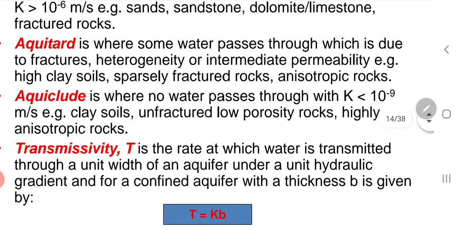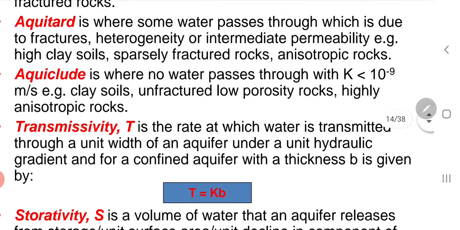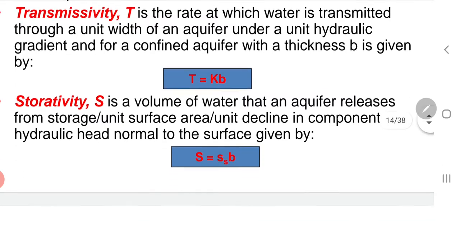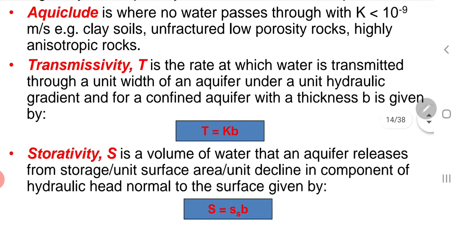Transmissivity is the rate at which water is transmitted through a unit width of an aquifer under a unit hydraulic gradient, and for a confined aquifer with a thickness B is given by T equals K multiplied by B. Storativity or storage is the volume of water that an aquifer releases from storage per unit surface area per unit decline in the component of hydraulic head normal to the surface, given by S equals Ss times B. So this is in terms of storage, and transmissivity is about the rate.